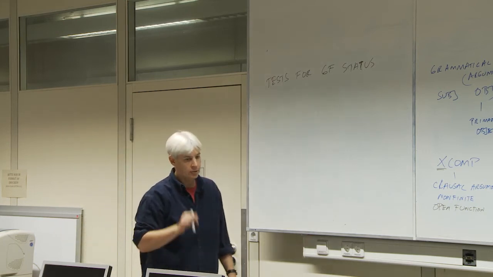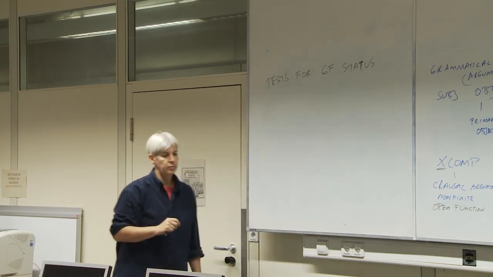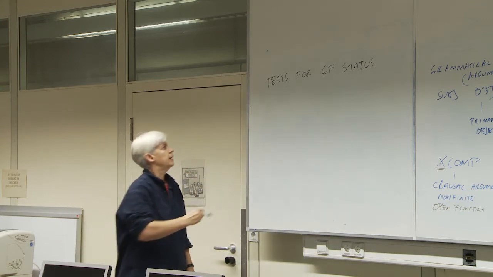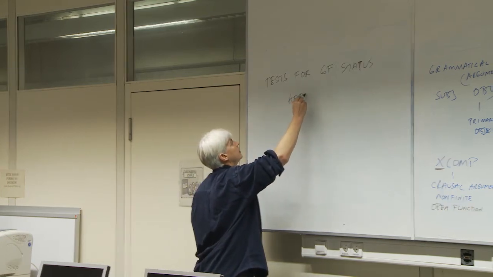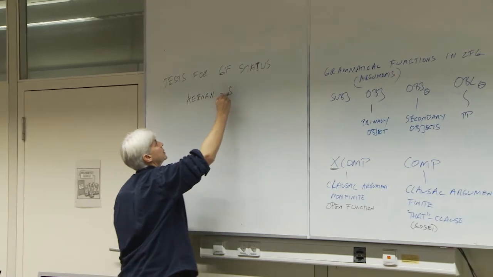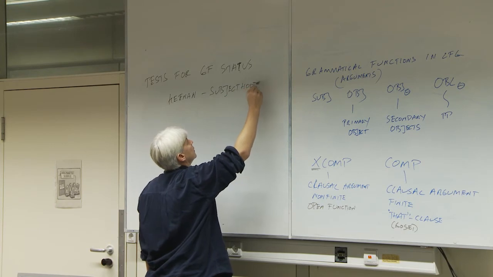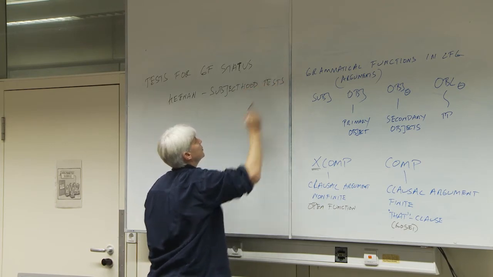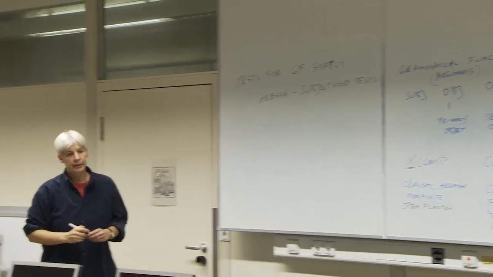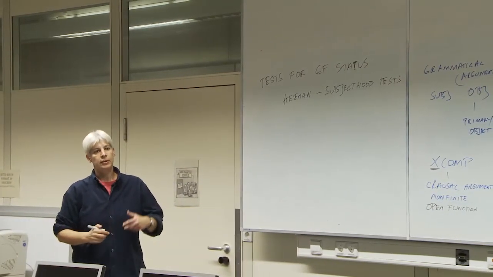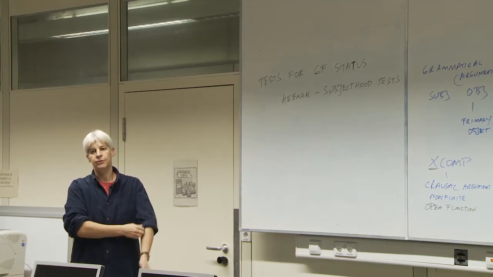But there are some tests that you can try that tend to work across languages. There is a very good paper by Ed Keenan on subjecthood tests. He looked at difficult languages like Malagasy and things like that. So what you need to do when you work on a new language is figure out what the tests would be for this language.